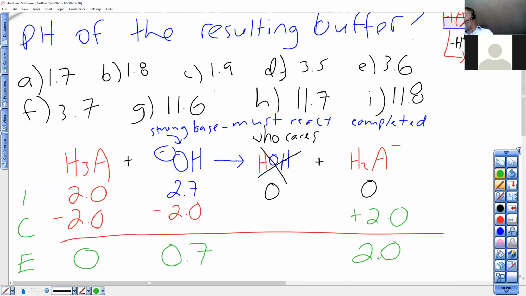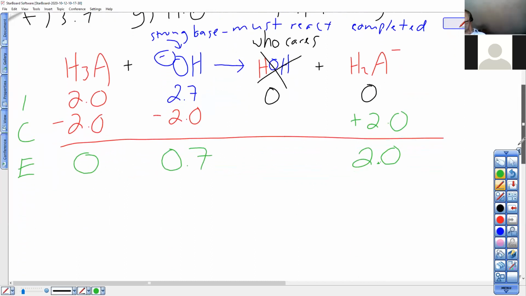So the only 2 things you have now are hydroxide and H2A negative. H2A negative is also an acid. I know it's the conjugate base up here of this acid, but this acid's gone. It's a new story. It's a new ICE problem. New world. You have hydroxide left over. We call that excess, right?